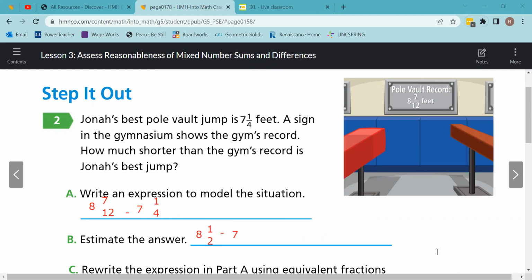When I subtract fractions, I like to start at my smaller one, kind of like counting back change in a store. So start at the lower one, 7, and count upward to your bigger number. 7 plus 1 whole gives you the 8, plus another half. So 1.5 is our estimate.